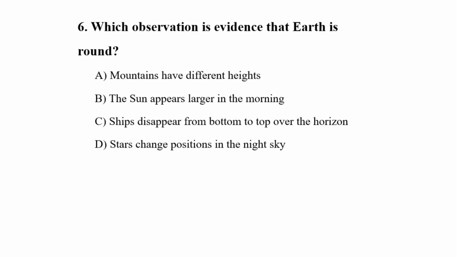Question number 6. Which observation is evidence that Earth is round? A. Mountains have different heights. B. The sun appears larger in the morning. C. Ships disappear from bottom to top over the horizon. D. Stars change positions in the night sky.